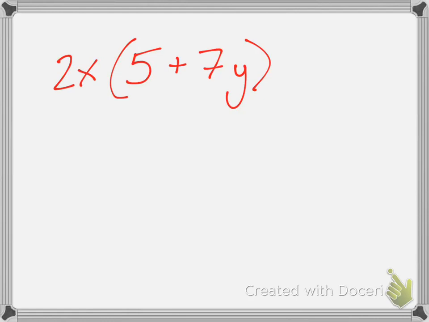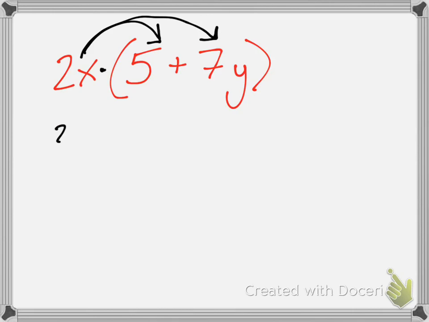Exponent, there is no exponent. Multiplication division. We do have some multiplication division. So I need to multiply this 2x. What am I multiplying that 2x to? What is the number and or numbers I am multiplying the 2x to? I am multiplying it towards everything in the parentheses. So I like to draw my arrows so I don't forget.